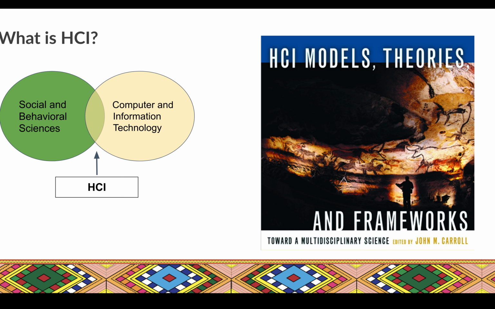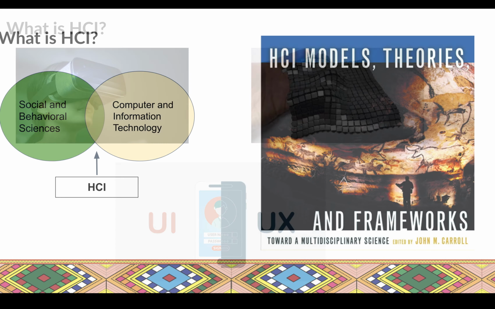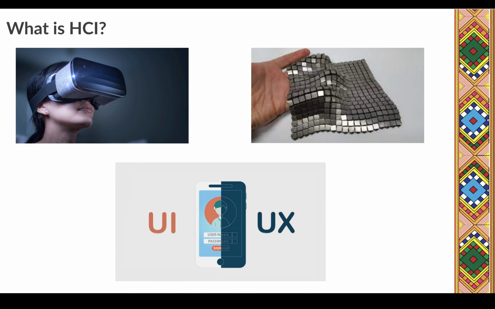So any research that studies how humans interact with computers and technology more generally and uses social and behavioral sciences to do that, that research or that investigation can be considered as HCI. HCI is very broad. It could be VR research, it could be smart fabrics, it could be user interface and user experience design. So it's a very broad multidisciplinary field.